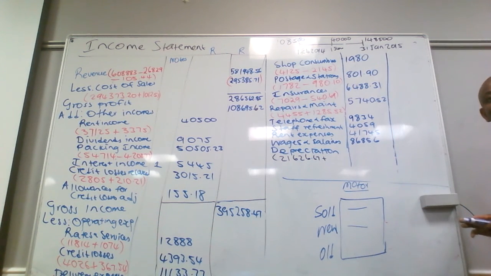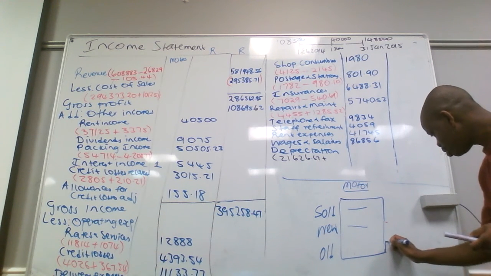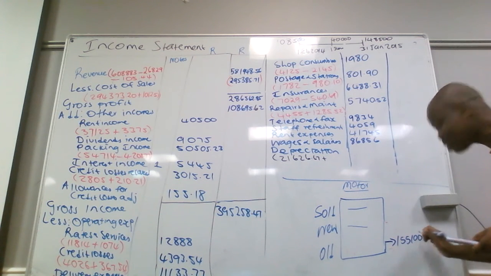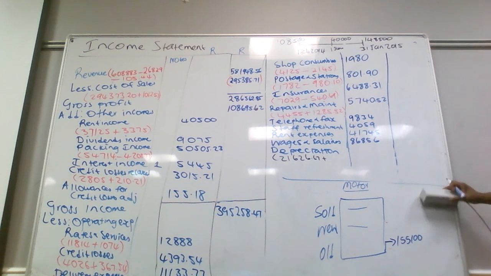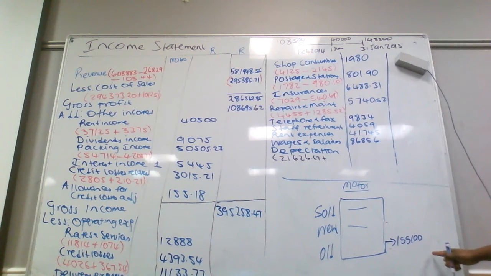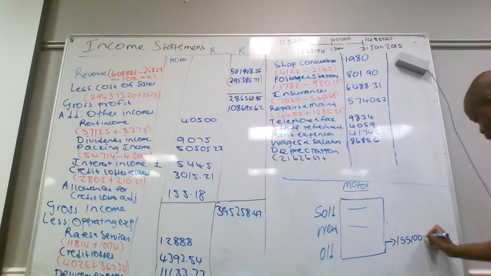Do you have the old one? Yes. How much was it? 155,100. Can you see? I need to depreciate it, but remember which method? Reducing. I cannot just use a percentage. I need to minus what? The accumulated. Which is how much? 27,918.